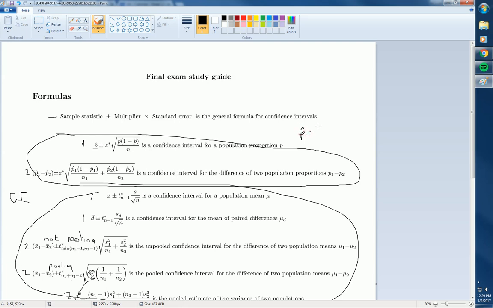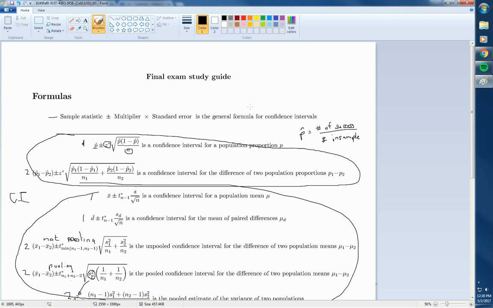We know p hat is just the number of successes, for whatever you've defined as a success in your problem, divided by the number of trials, or the number in your sample. So you can calculate your p hat. We know what n is, and that gives you everything except for z star. Z star is your multiplier.